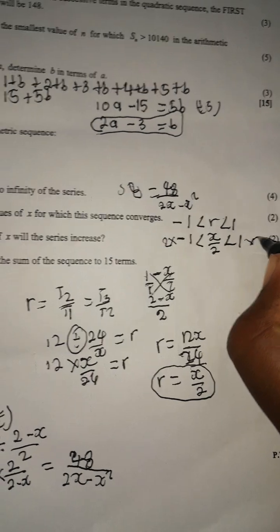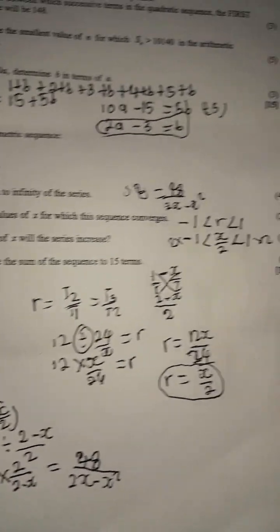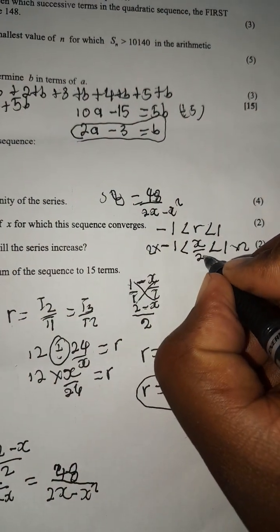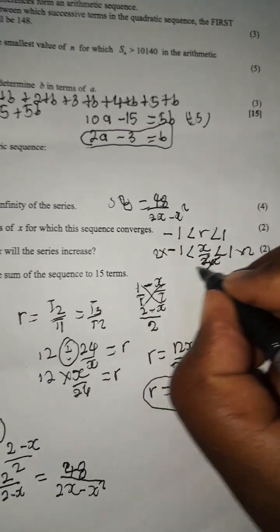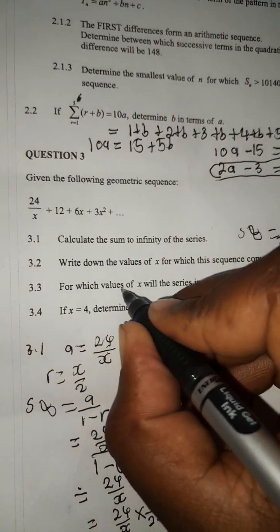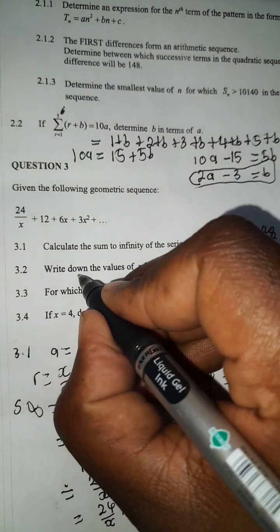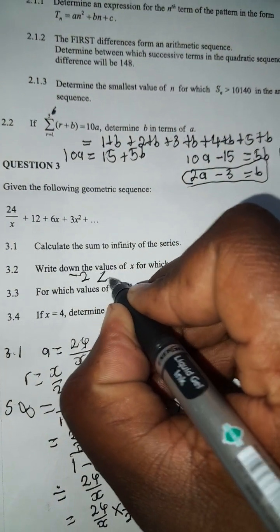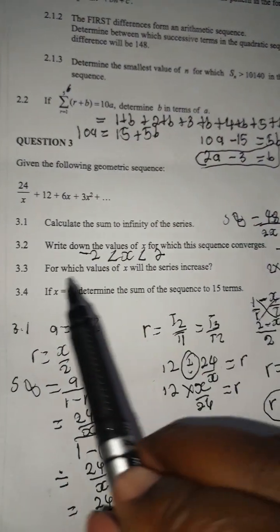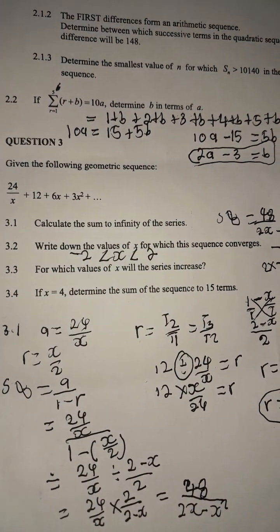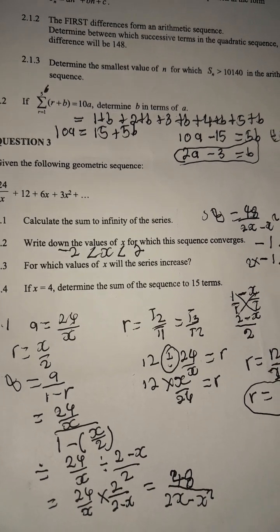The 2 and 2 will cancel. So 2 times -1 will be -2, and 1 times 2 will be 2. So our solution at 3.2 will be -2 is less than x, and x is less than 2.